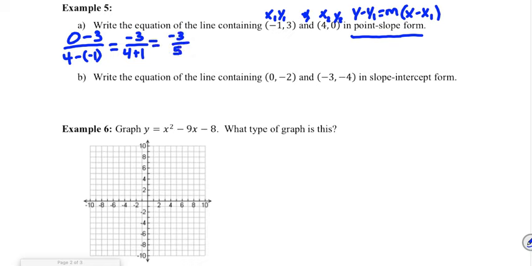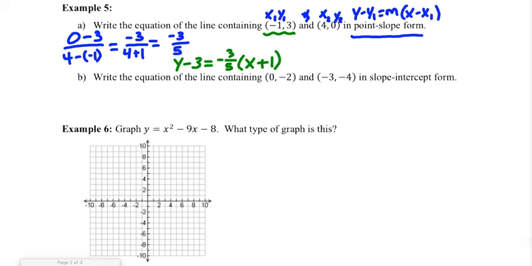Now when we're doing point slope, you can pick either point that's given to you. So if we want to use the point negative 1, 3, then our point slope equation is going to look like y minus the y value equals my slope times x minus the x value. So x minus the negative 1 would change that to a positive.